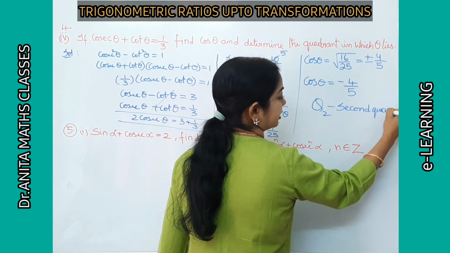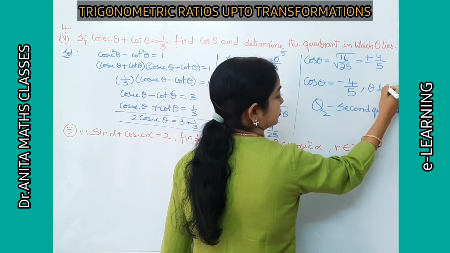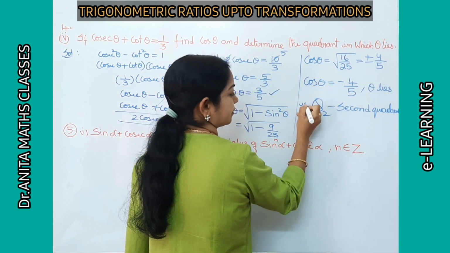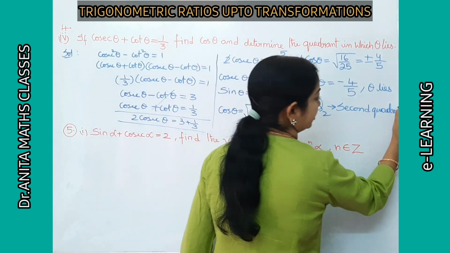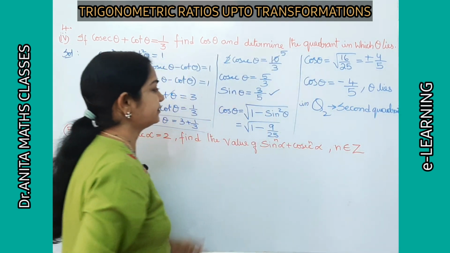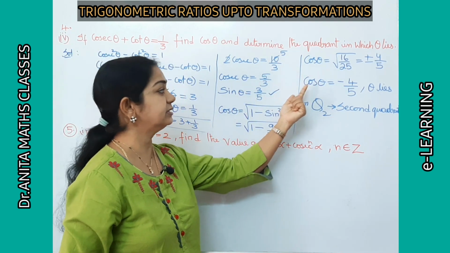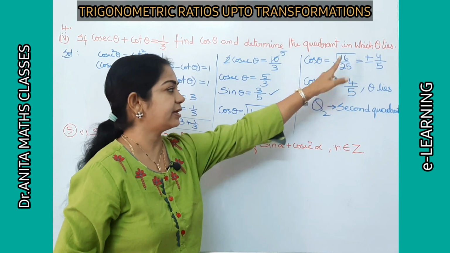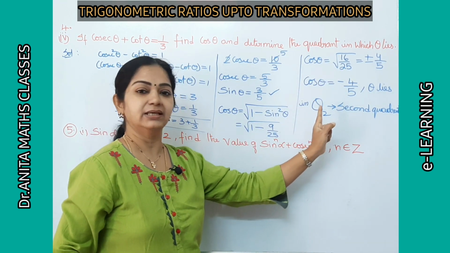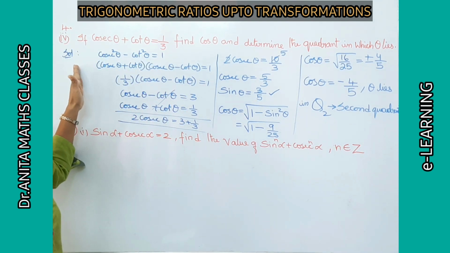Theta lies in the second quadrant. Q2 is the second quadrant, right? So we have sine theta positive. Sine theta is positive in the second quadrant, where cos is negative. So let's take minus values only, minus 4 by 5. So theta lies in the second quadrant, right? Please note it down.